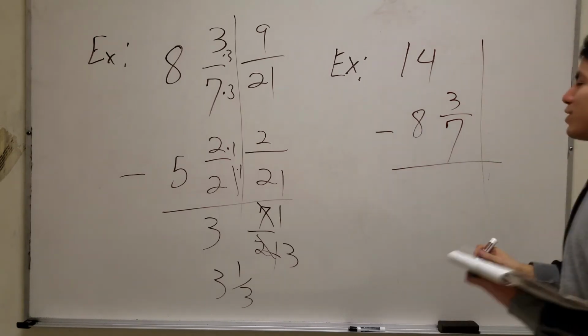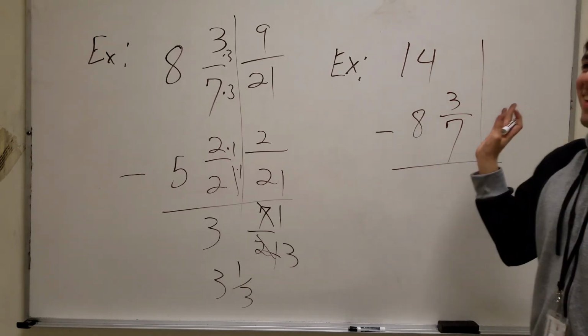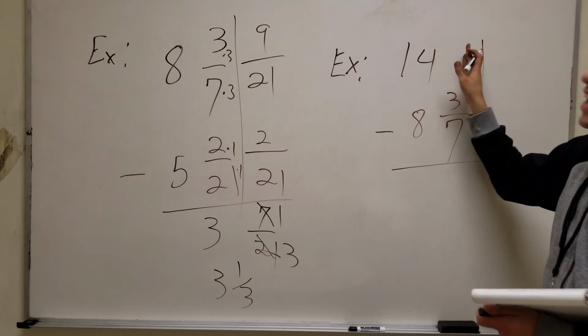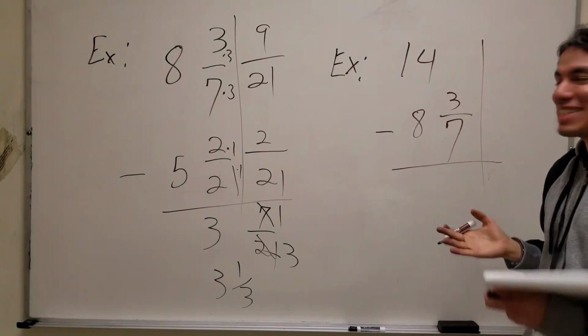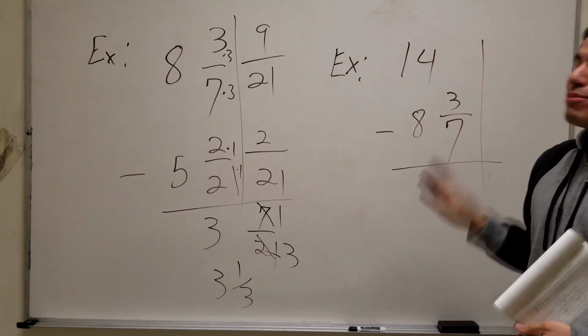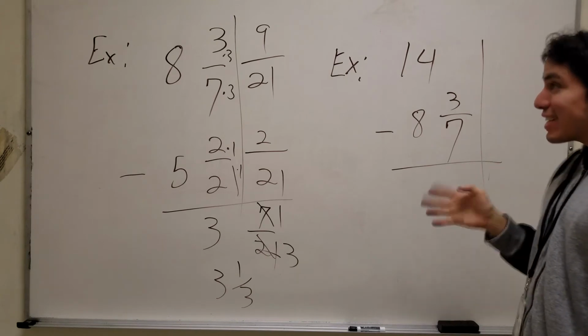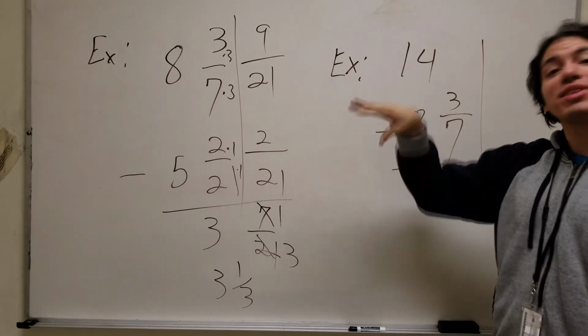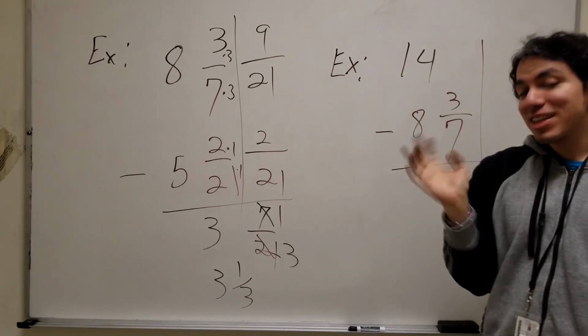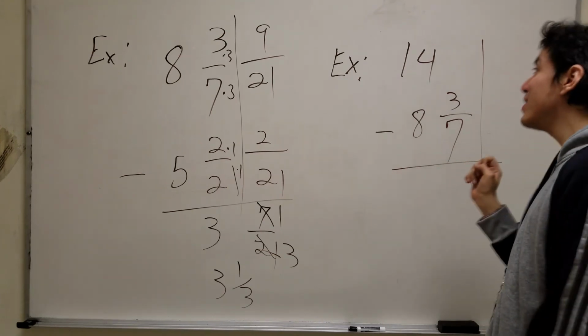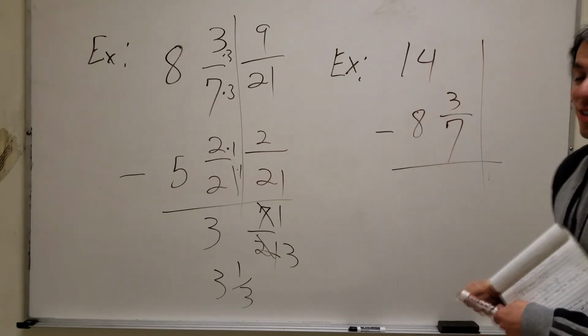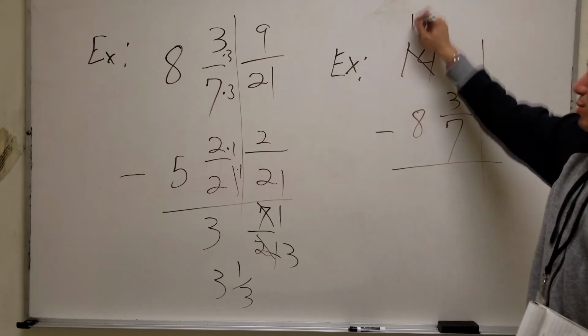Okay, now, first off, you're looking at me like, Professor, there's nothing there. There's no fraction part here. You're looking at me like I'm crazy. And that's fine, because I can still take out a 1 from this 14 to become 13.